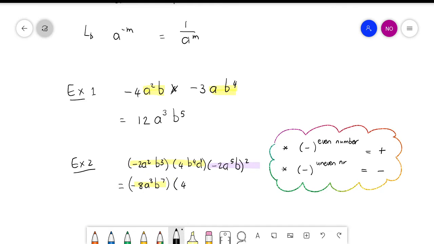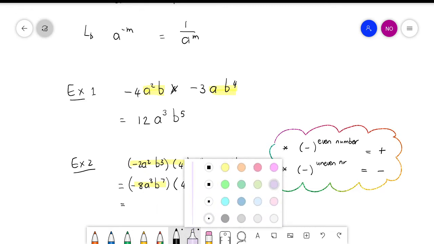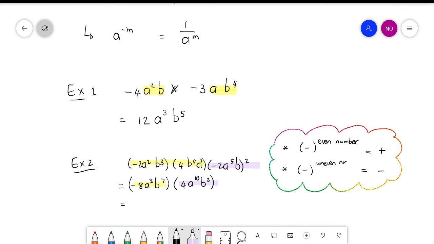En dan gaan ons sê dis a tot die mag 10, b tot die mag 2. Daar's hy. So dis jou finale antwoord. Negatief 32, a tot die mag 13, b tot die mag 9.